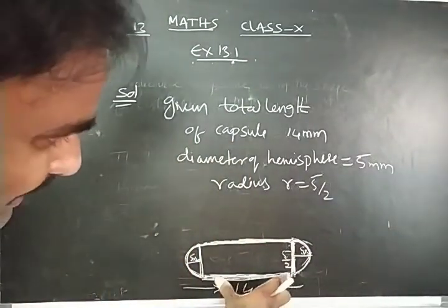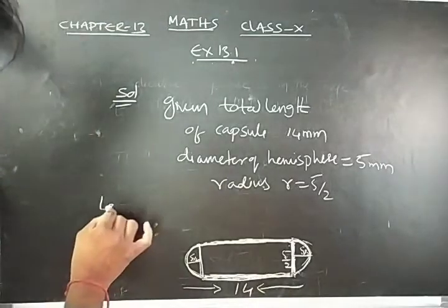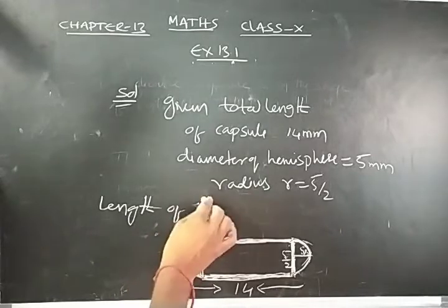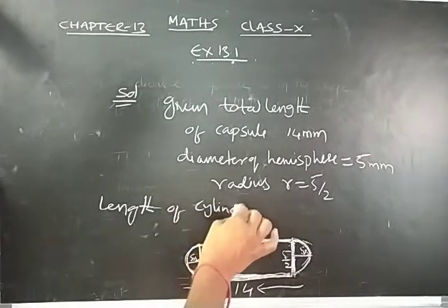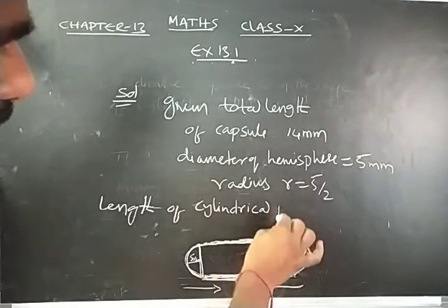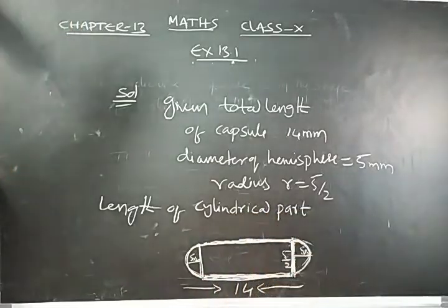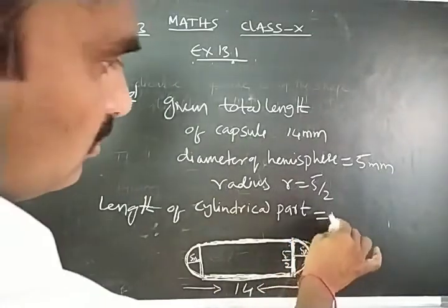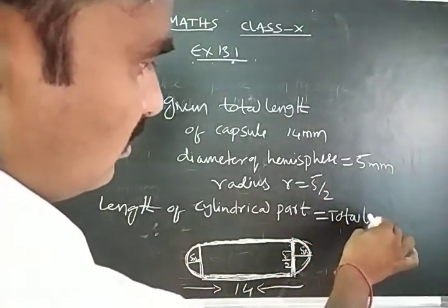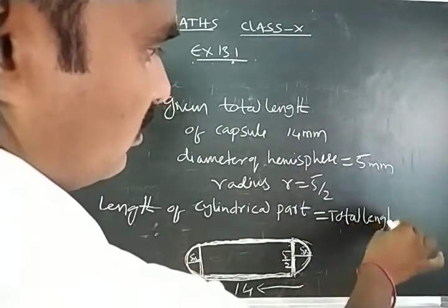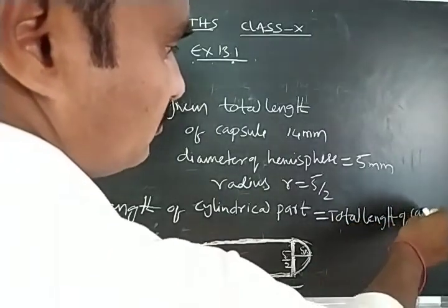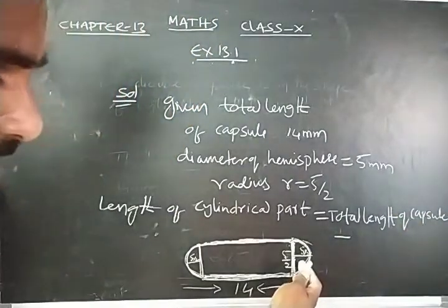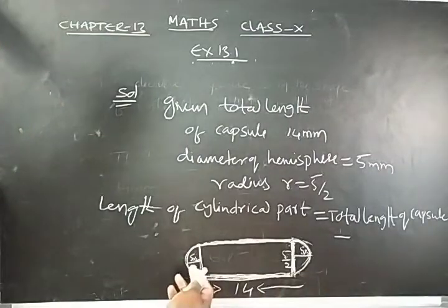Now I am going to find the length of the cylindrical part. How to get this length of the cylindrical part? From the total length of the capsule, subtract one radius of the hemisphere and another radius of the hemisphere.